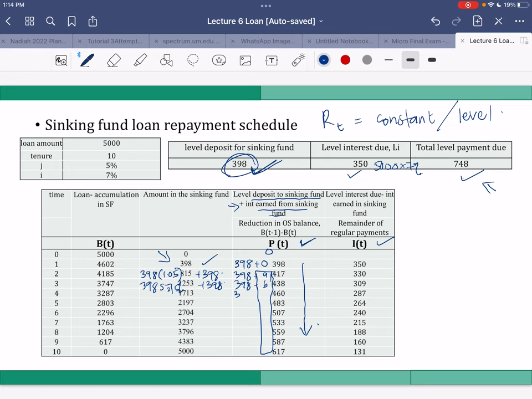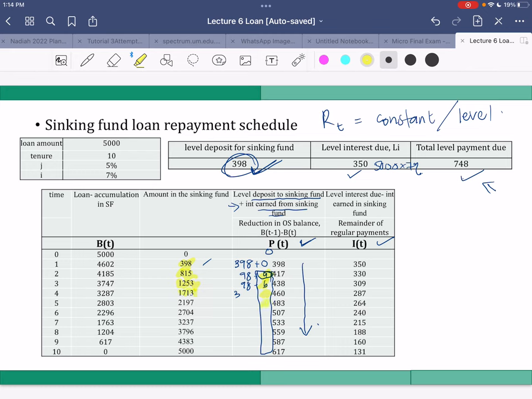So this amount that is in your sinking fund will accumulate interest. This is the interest that you get from here. This is the interest that you get from here. This is the interest that you get from here, so on and so forth.